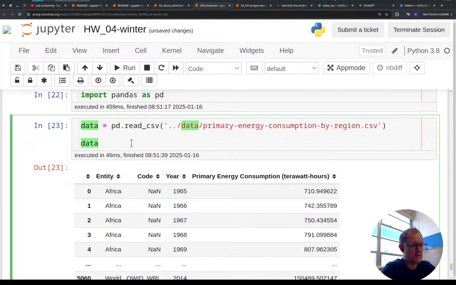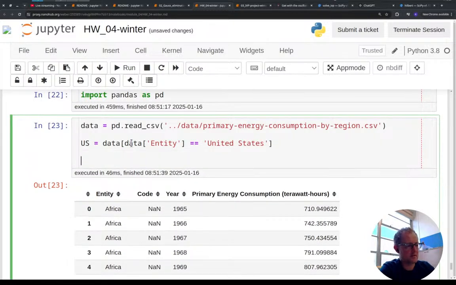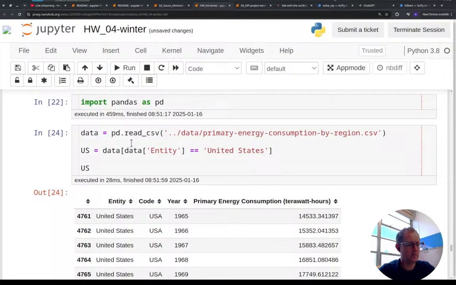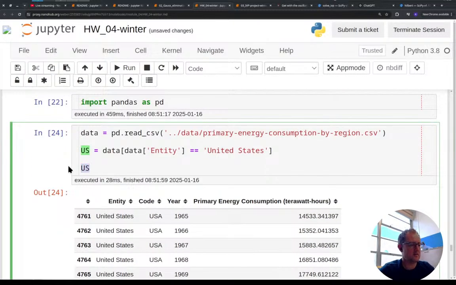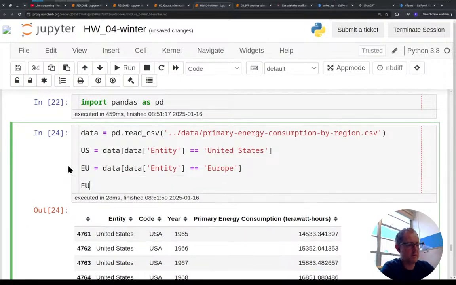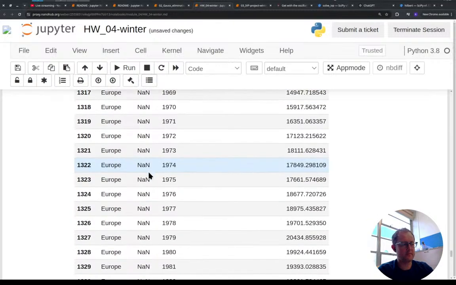Cool. And now US is going to be data where data of entity equals United States. Cool, so that one worked. And now EU is going to be data where entity equals Europe, and make sure that worked. All right, cool. Off to the races.